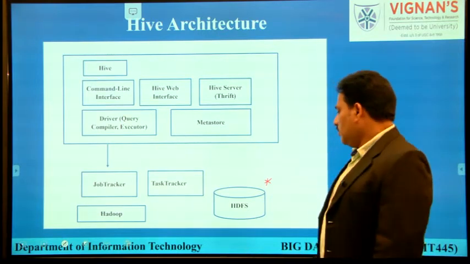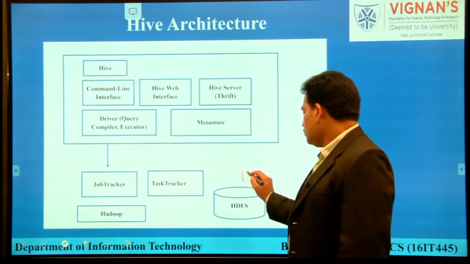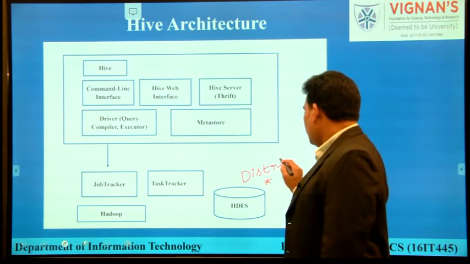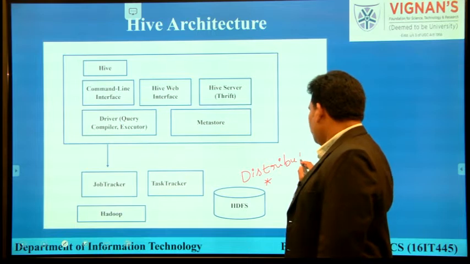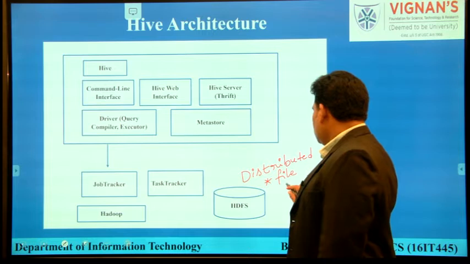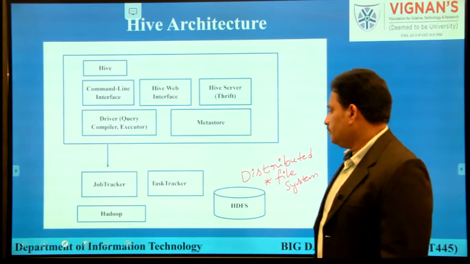That means here we are using distributed file system concepts to store the files and contents. So this is the bottom layer, the background components of Hive. Using HDFS we can create and store files in distributed format.